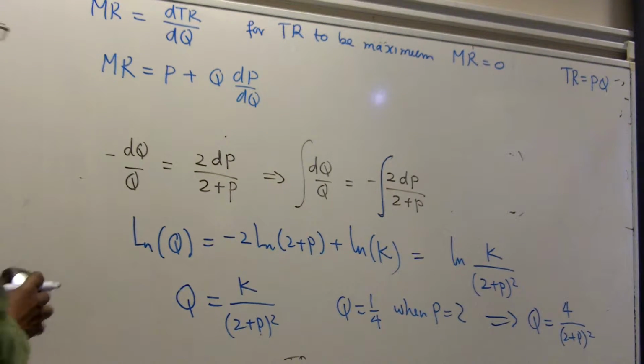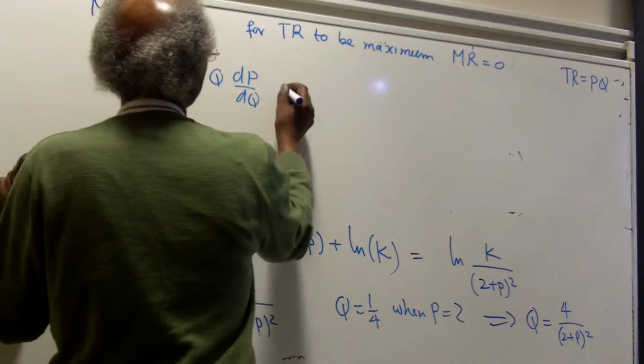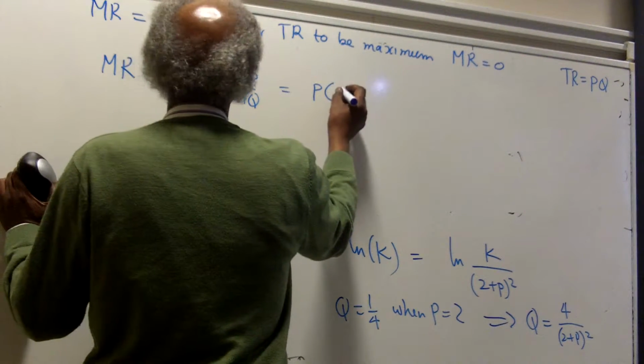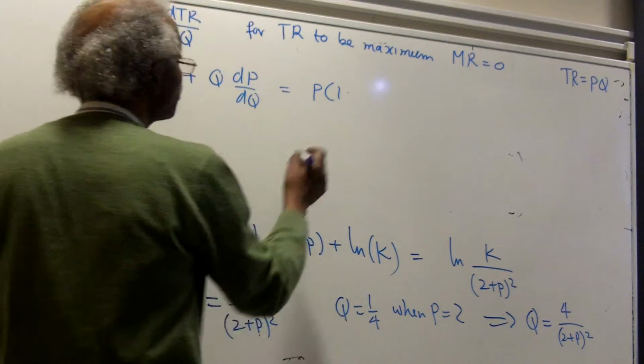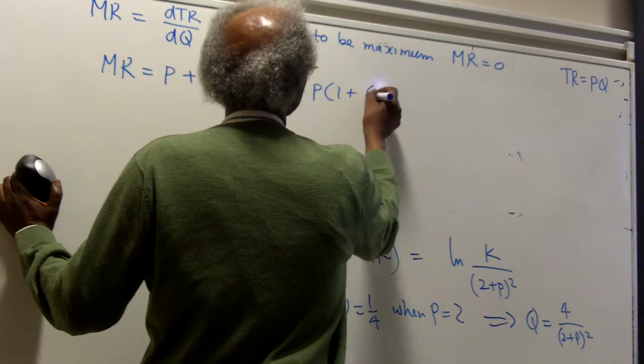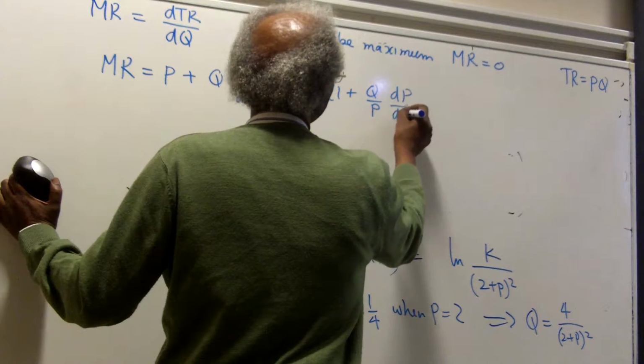And with P outside, I've got 1 plus Q over P dP by dQ.